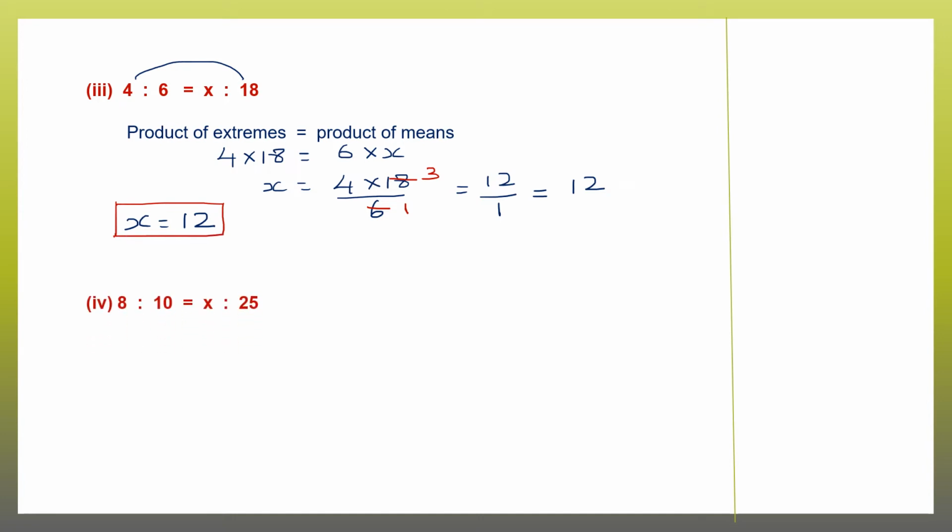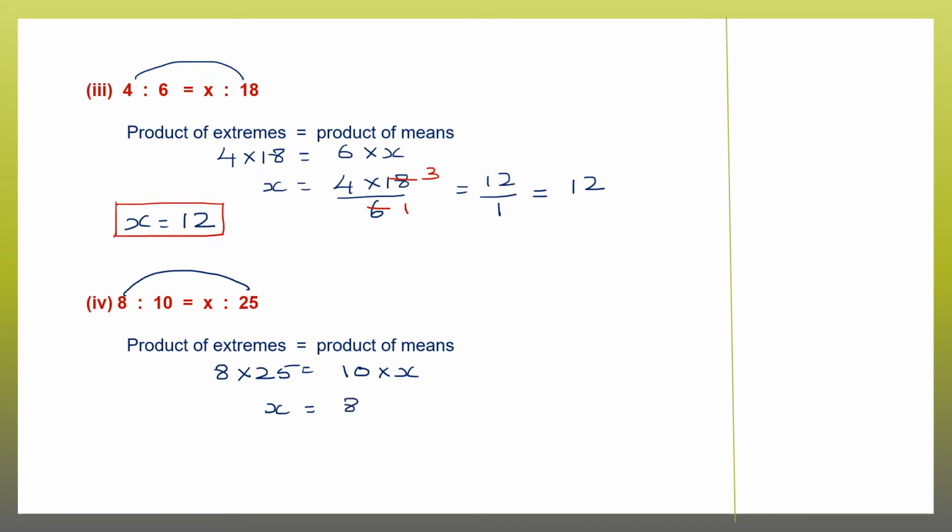Question 4. 8 is to 10 equals x is to 25. Product of extremes equals product of means. So 8 into 25 is the extremes equals 10 into x. So x will be equal to 8 into 25 divided by 10. Now we can use 5 to cancel 10 and 25. 5 2s are 10, 5 5s are 25.